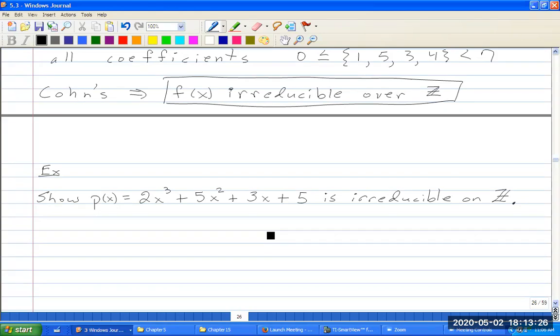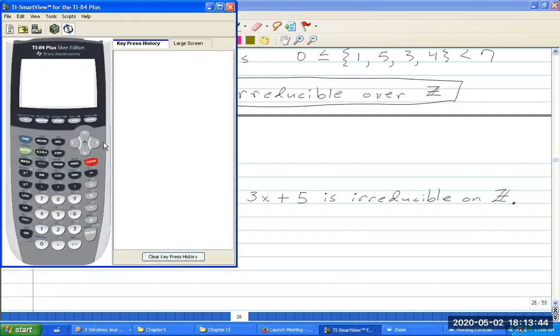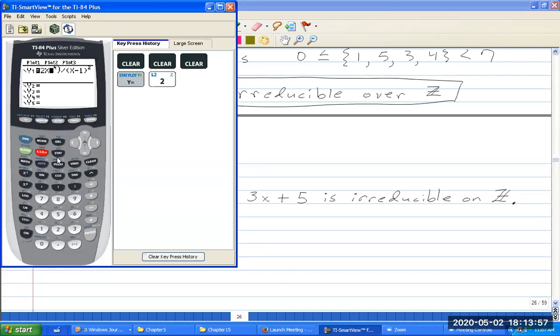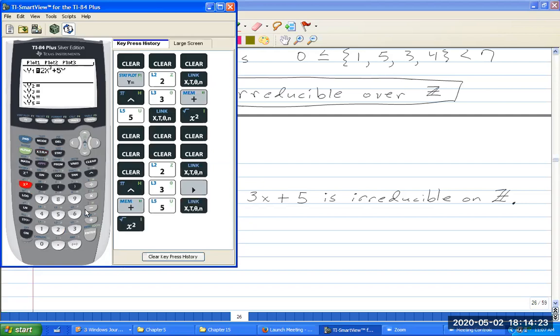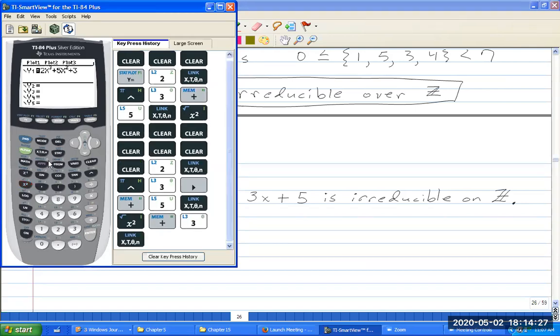So I have 2x cubed plus 5x squared plus 3x plus 5.